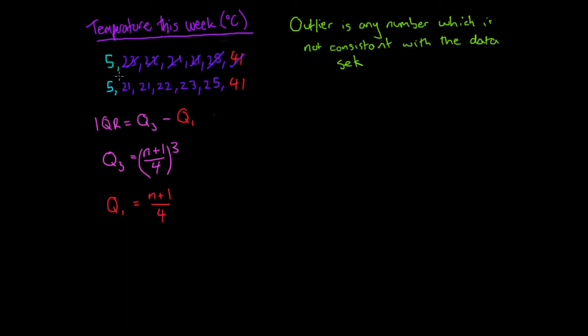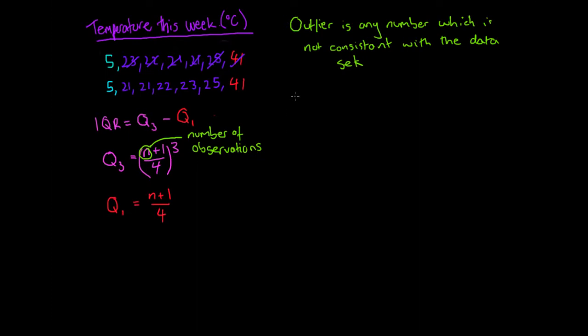So we've ordered our data, and now we can use these formulas to calculate where the observation number is for our quartiles. To calculate this, we need to know what n is. n is the number of observations in our set.